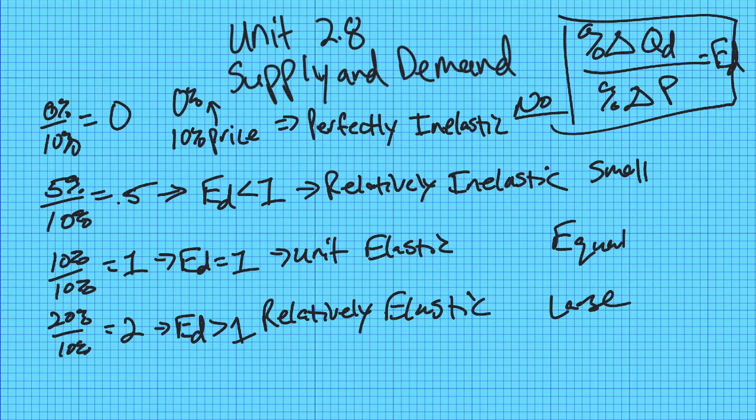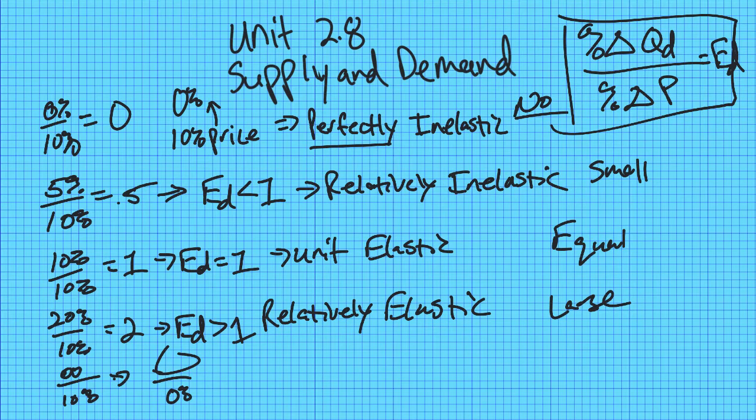And then this last one is on the extreme: what if this top number approaches infinity over 10%? Or in another way, you could say, what if this bottom number doesn't change at all? If we have a 0% change and any percent change up at the top, those are equivalent statements.